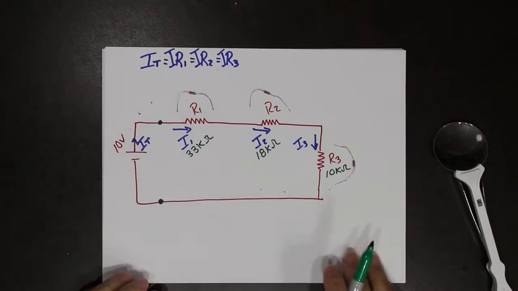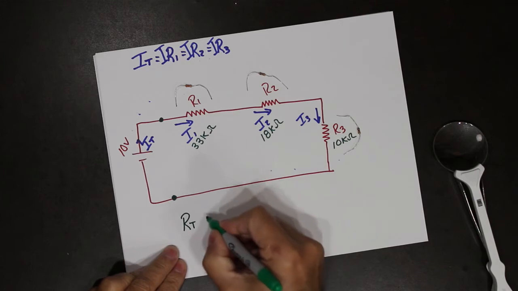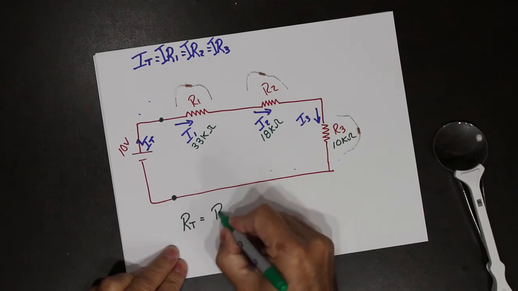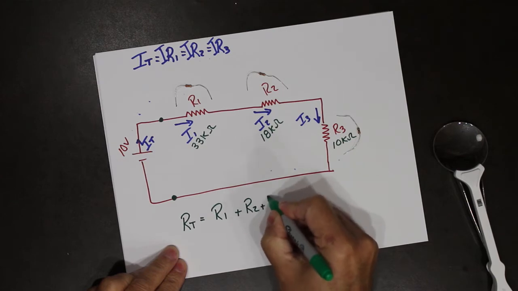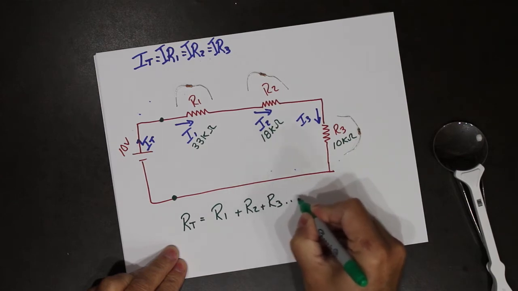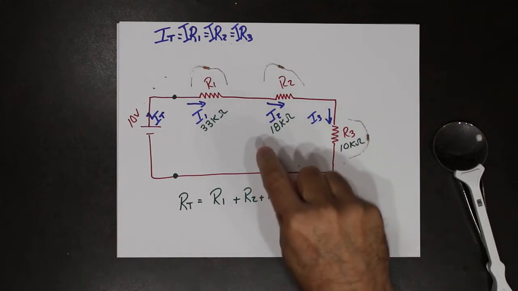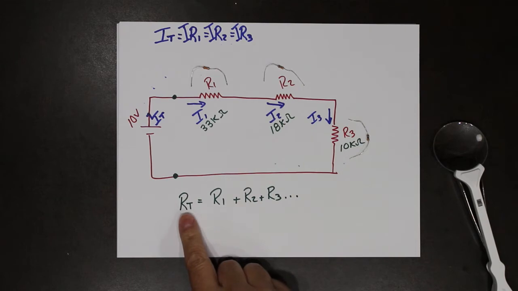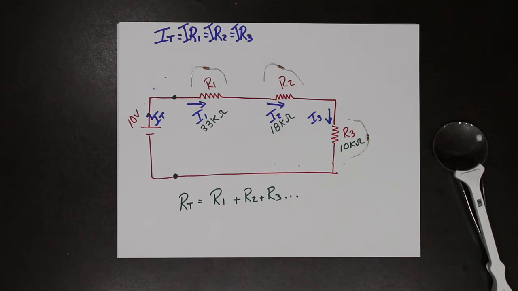In a series circuit, R total is equal to R1 plus R2 plus R3, and so on. All of the resistances add up to be a total resistance against the total current flow.